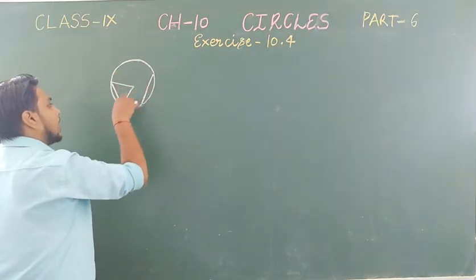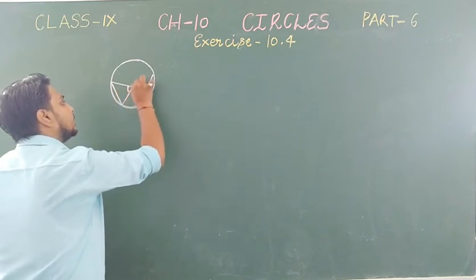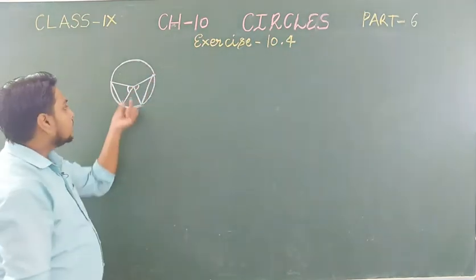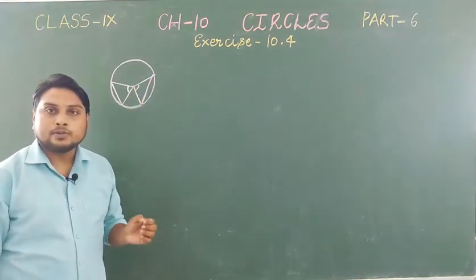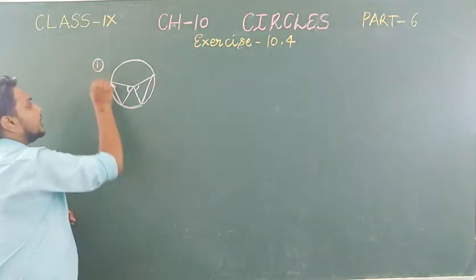The angle subtended by this chord and the angle subtended by this chord, if the chords are equal, will also be equal. It was the first theorem that we have studied.